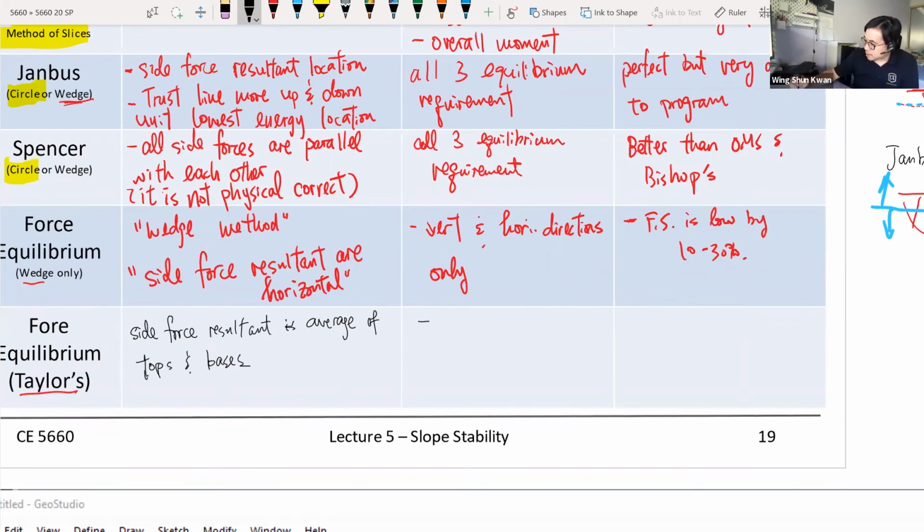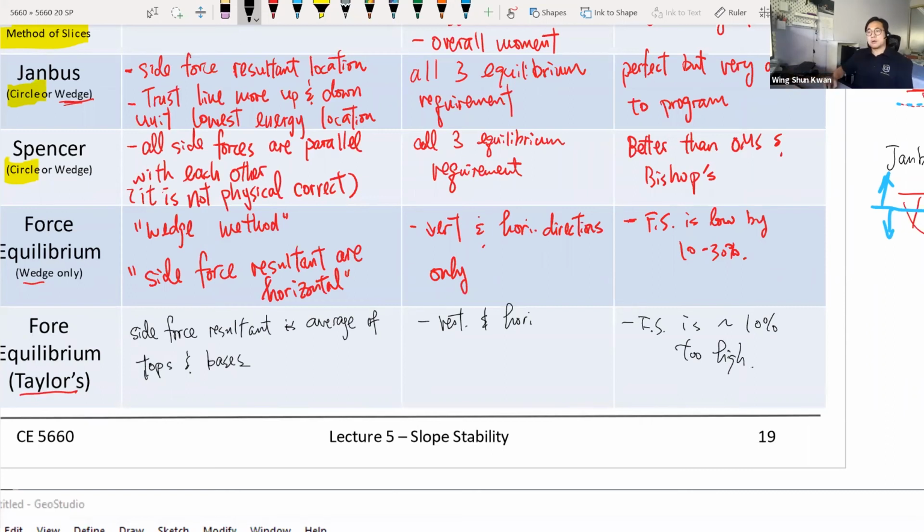And you only satisfy the vertical and horizontal directions, and also the factor of safety is about 10% too high.